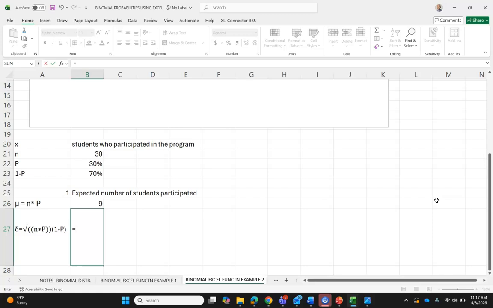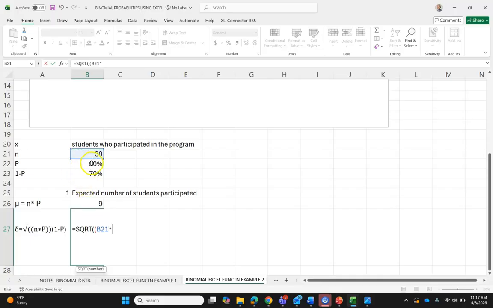And let's find the standard deviation, although it's not asked. I'm going to put equal sign there and type SQRT, which is the square root. I'll select the square root, and that will be the square root of n times probability of success.